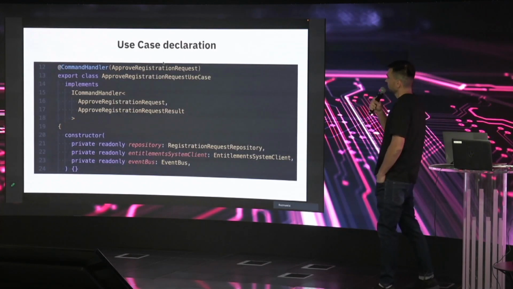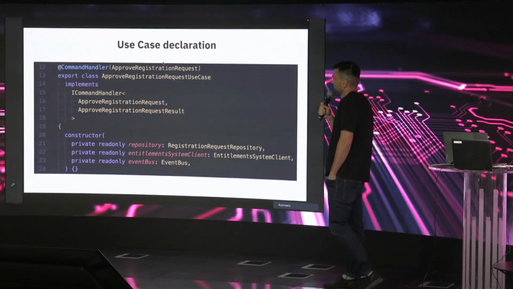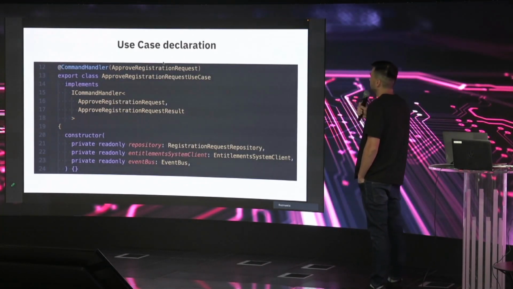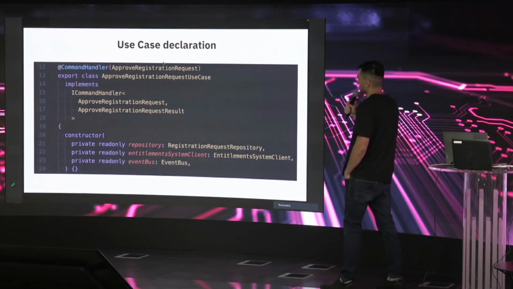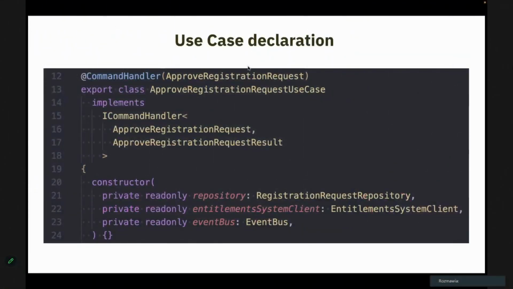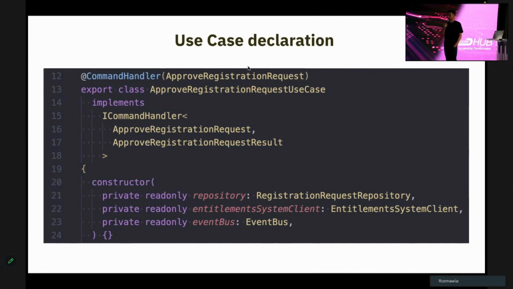All right, and that's how our use case declaration looks. First of all, it's a class, right? It is decorated with either a command handler or query handler decorator. Again, these decorators come from Node.js. And the decorator defines that this particular use case class is responsible for handling a specific command or query.